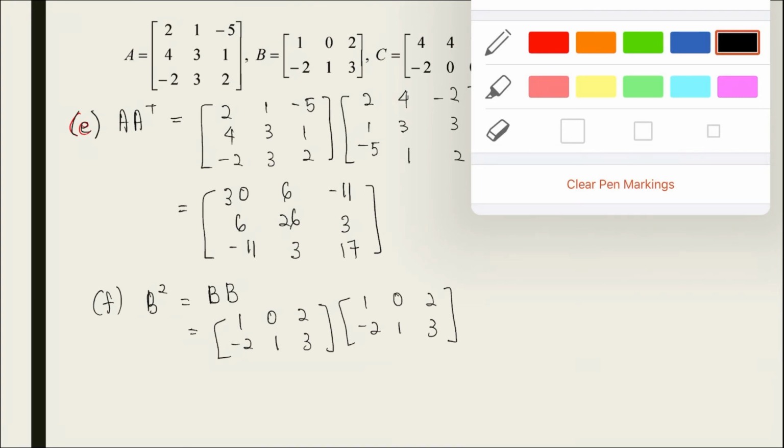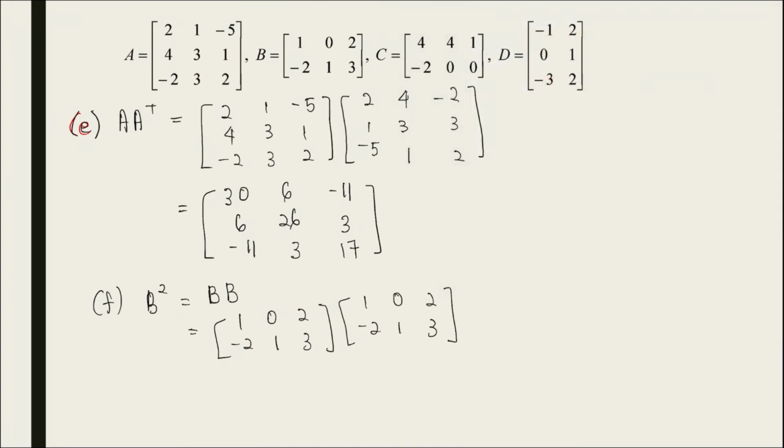The order of matrix B is 2 by 3, and this is 2 by 3. Can we multiply these two matrices? As I told you before, we need to check the number. 3 and 2 is not the same number. Therefore, no solution.